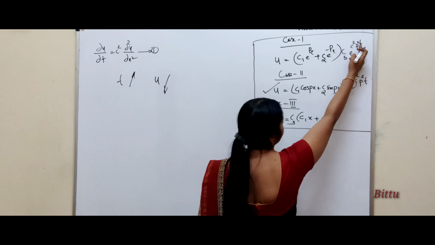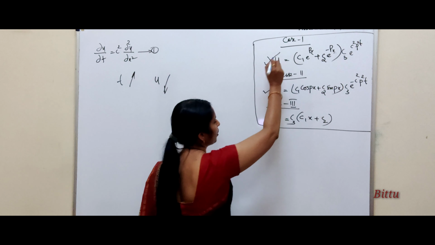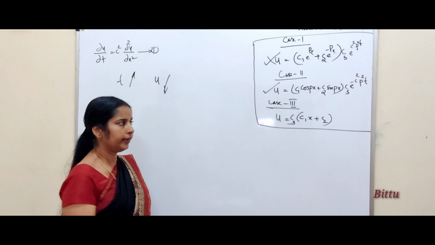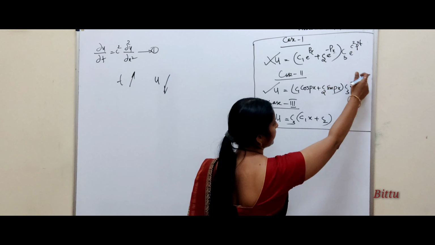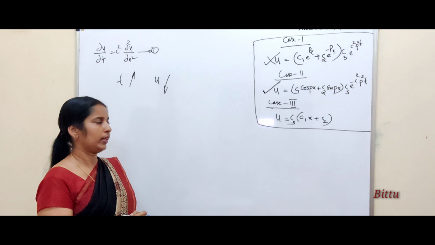So, we can't select this as the suitable solution. Next, look into this equation. Here, when t increases, this term will be 1 by e raised to c square p square t. So, that will decrease U. So, here, as t increases, U decreases. So, you can take this as a solution for the heat equation.